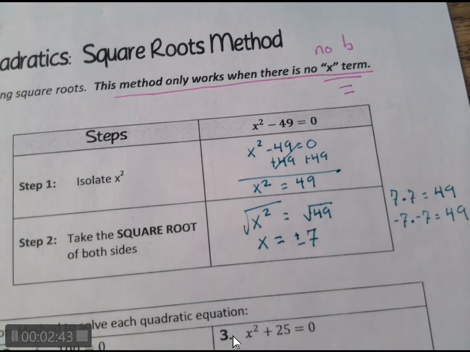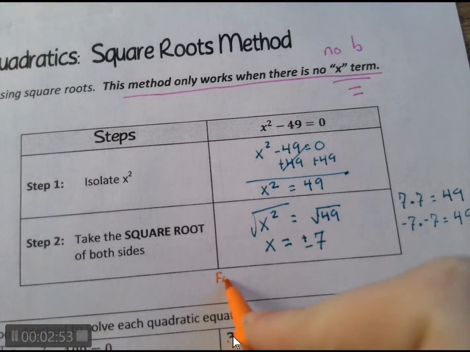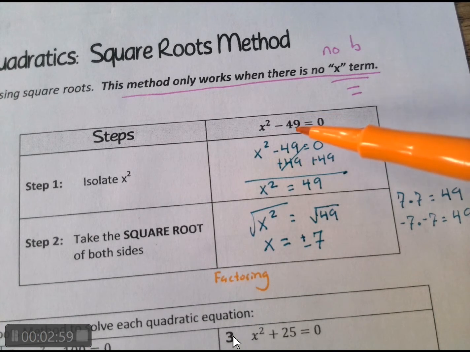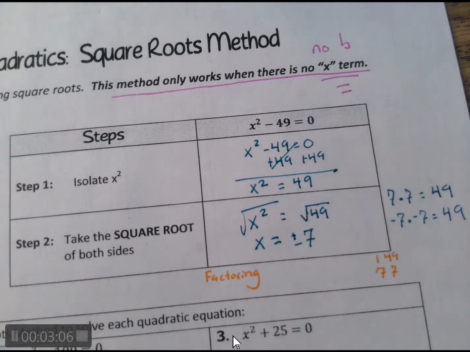Okay? And just as a side note, so that you understand it, if we did this the factoring way, the way that we've been doing it, we would multiply the 1 times the 49. Then we would list out the factors of 49, which would give us 1, 49, 7, and 7.